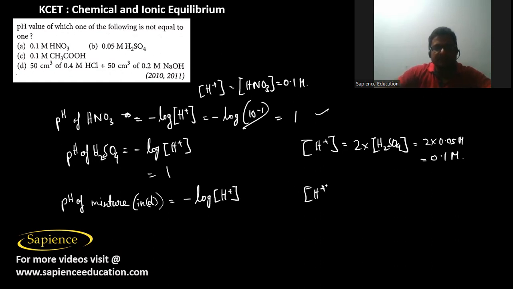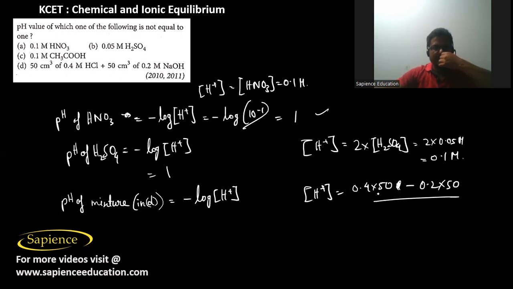So here the H plus concentration in the fourth part will be equal to, 50 centimeter cube, so M1V1, so 0.4 into 50 minus 0.2 into 50, divided by the number of millimoles it will give.